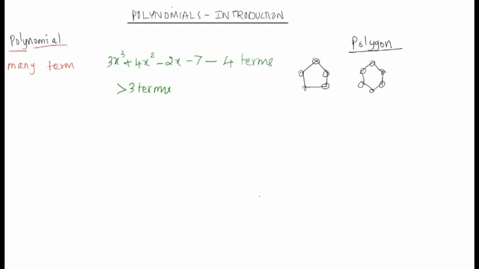What about the expression which has less than 3 terms? Let's say we only had 3x cubed with us, then it would be called a monomial.